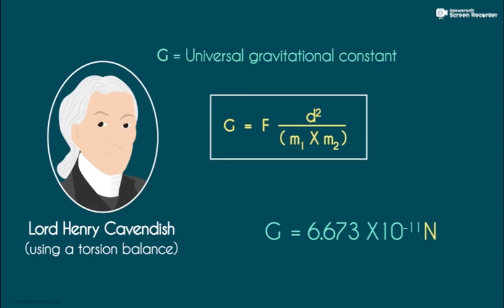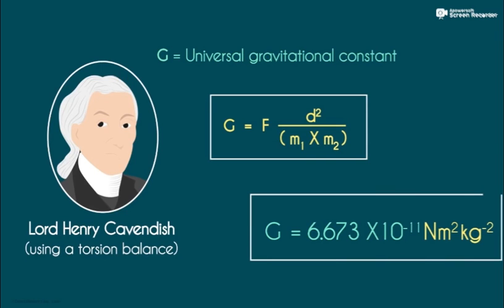If force is in Newton, as the distance is in meter, we have meter square, and as the masses are measured in kilograms, we multiply kilograms raised to the power minus 2. This is the value of the universal gravitation constant.